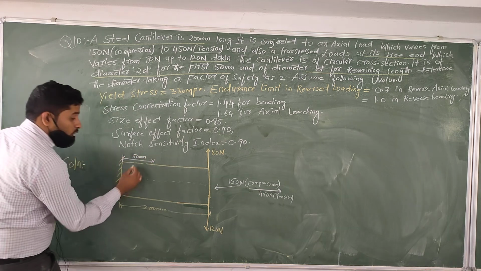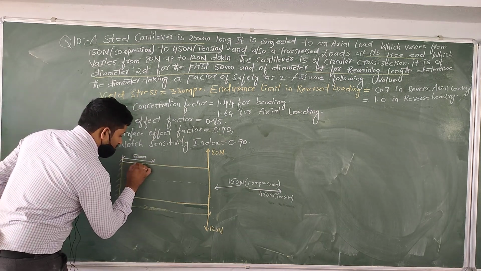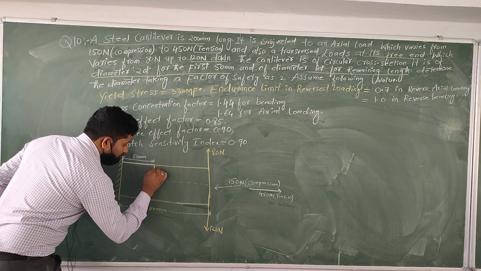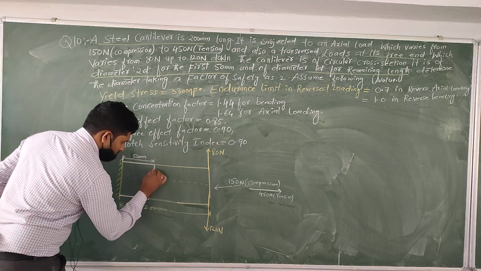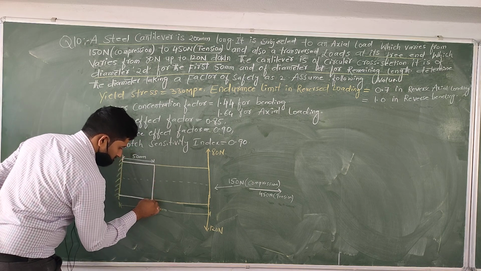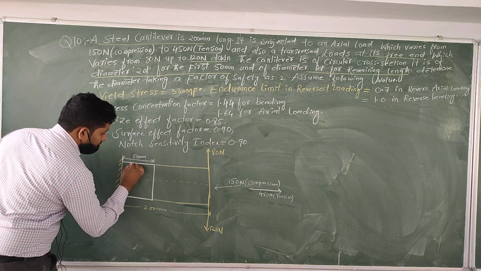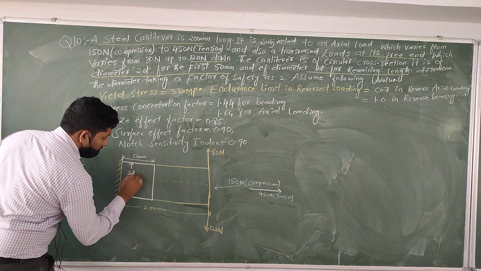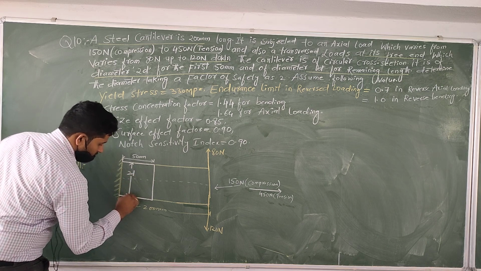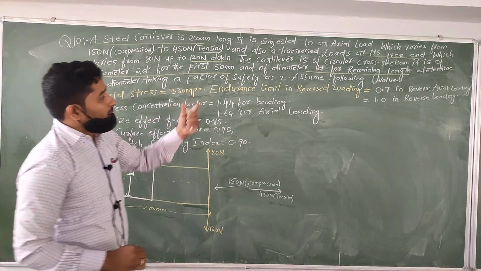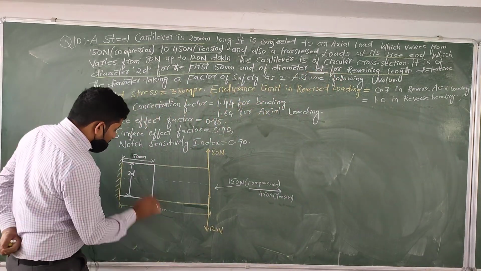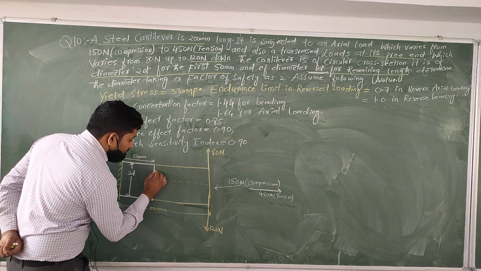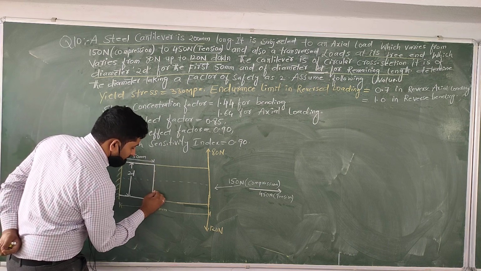So how much is the diameter from here to here? 2d. We can represent it here as 2d, and the remaining diameter we can say is d. So this should be the d value.